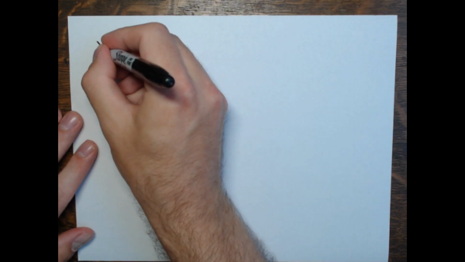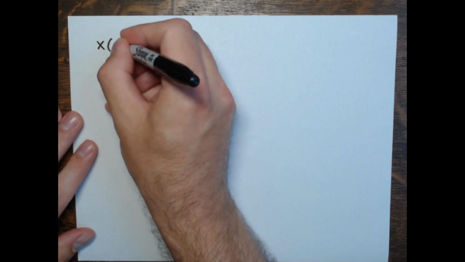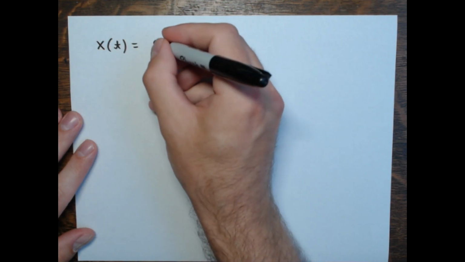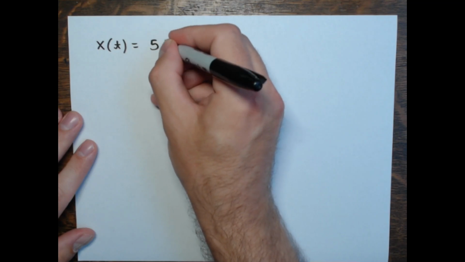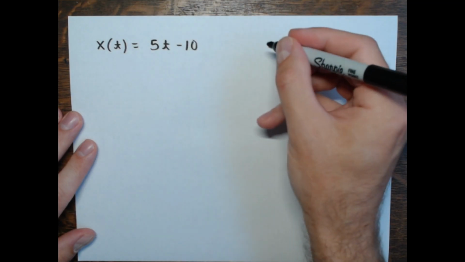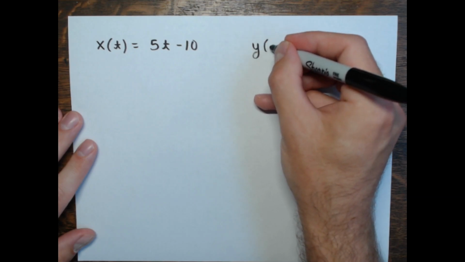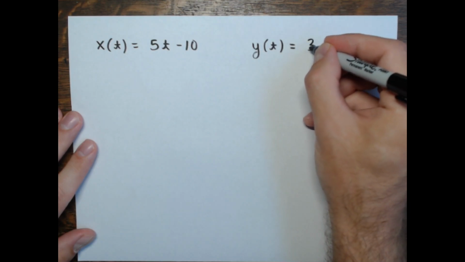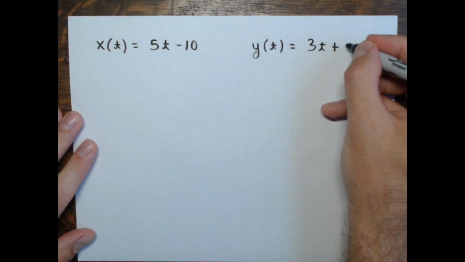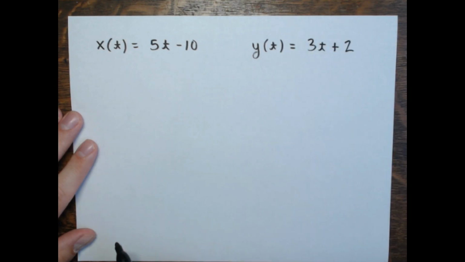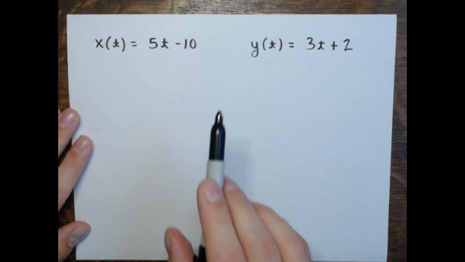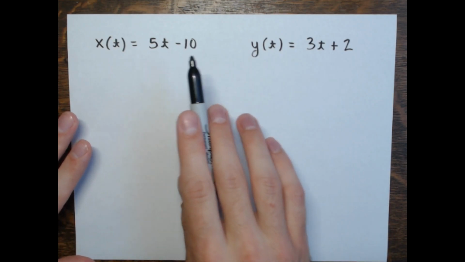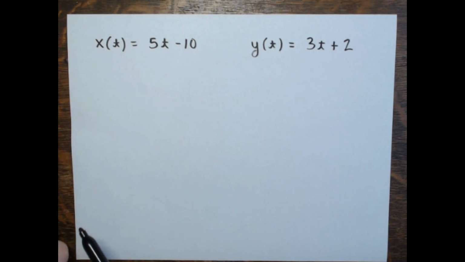So we're given our equations, x of t is 5t minus 10, and then y of t is 3t plus 2, right? So this is a simpler one because they're both linear functions of t. But that won't always be the case. Just understand that you might get other kinds of functions of t. And the parameter may not even be called t.